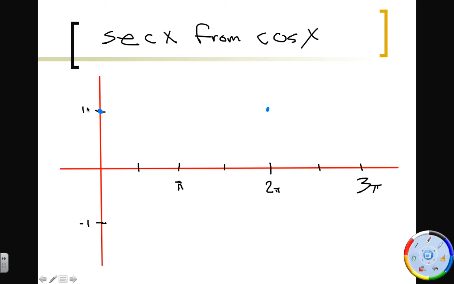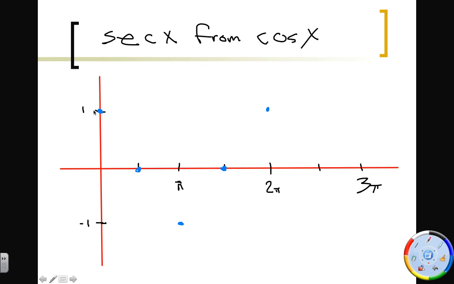But the problem is you need a maximum at 1 and a minimum at -1. Well, for cosine, my maximums occur at my beginning and my ending. My minimum occurs halfway between. And then my x-intercepts are my quarters, or my halves, I guess, in this case.